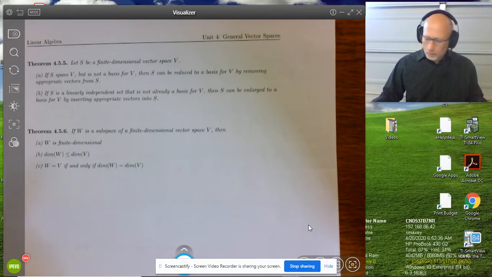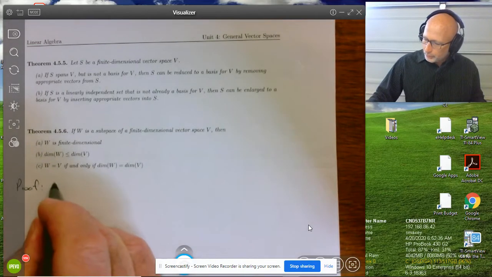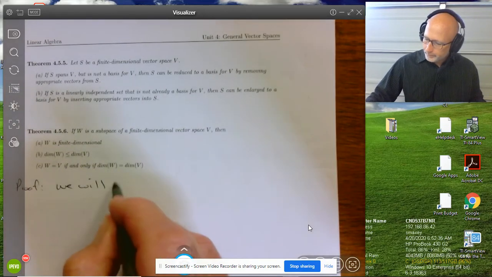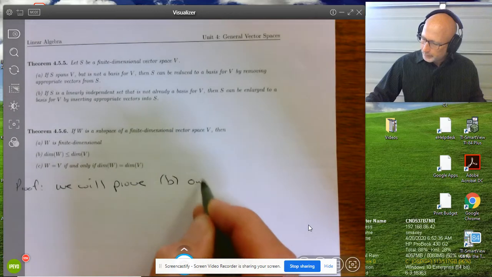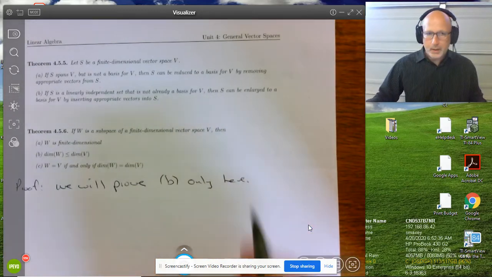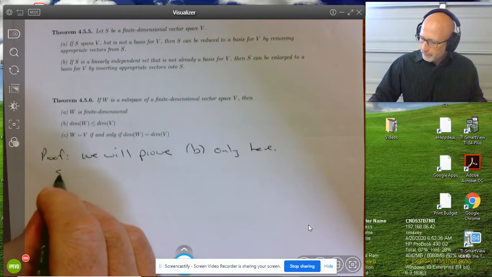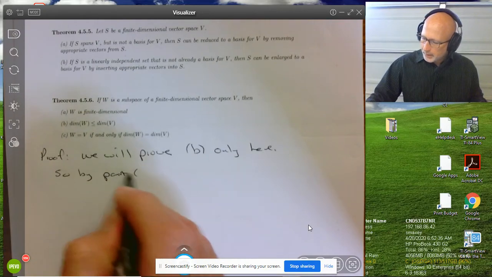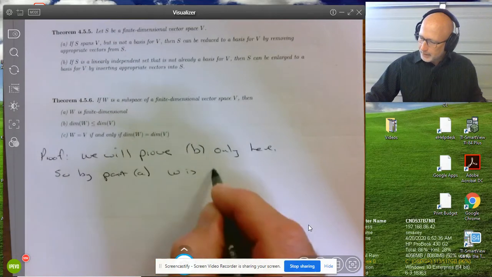Okay, we're going to do a little bit of a proof, but not too much. We will prove B only here. So by part A, W is finite dimensional.